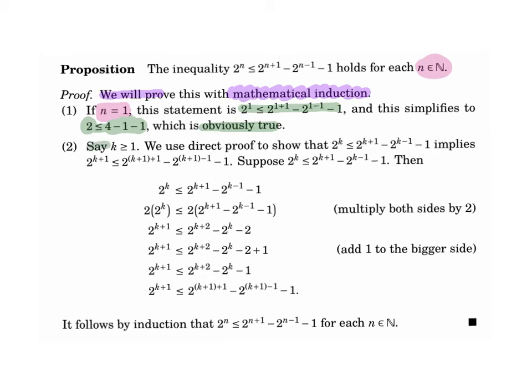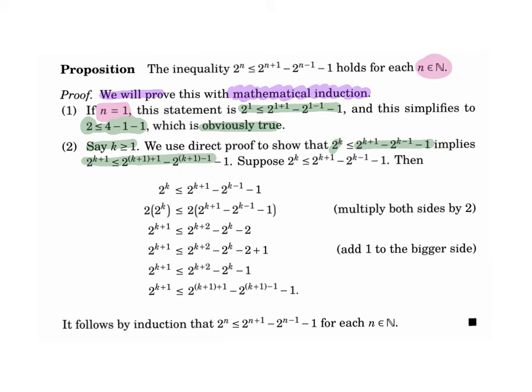So they're saying k is some fixed but arbitrary integer greater than 1. And they're going to show that 2 to the k is less than or equal to 2 to the k plus 1 minus 1, or 2 to the k plus 1 minus 2 to the k minus 1 minus 1, implies the same statement where I've put in a k plus 1 instead of a k.